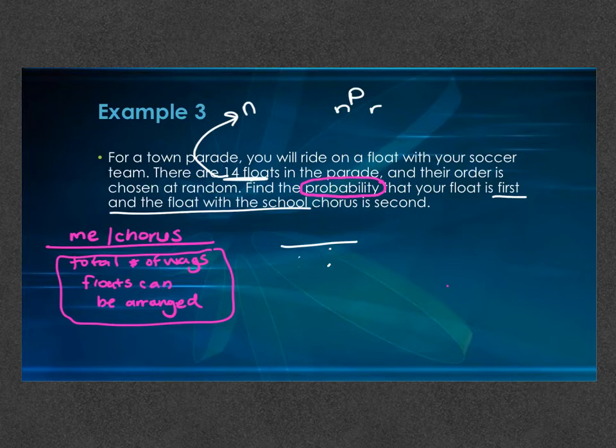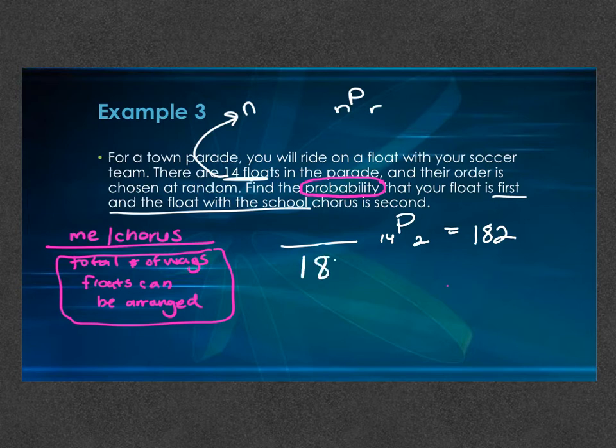I'm doing PNR, where 14 total floats, but only the first 2 is what I'm looking at, because I want to fill my spot and the second spot. So this is 182. So there's 182 ways I can fill the first 2 spots in that parade.